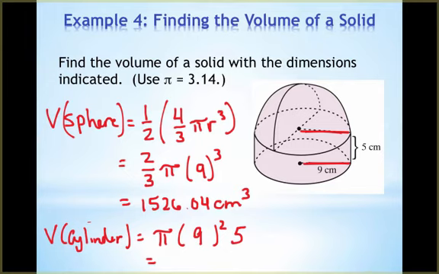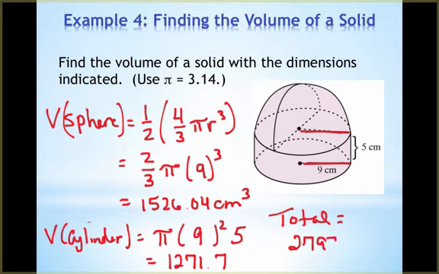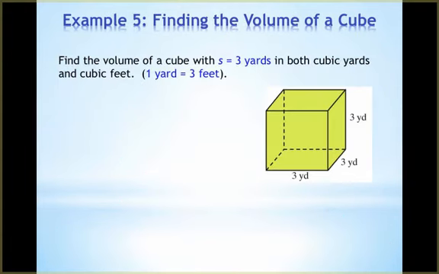So now if I do pi times 9 squared times 5, we get 1,271.7. So if I add the two of those, I get that my total volume is going to be 2797.74 cubic centimeters.